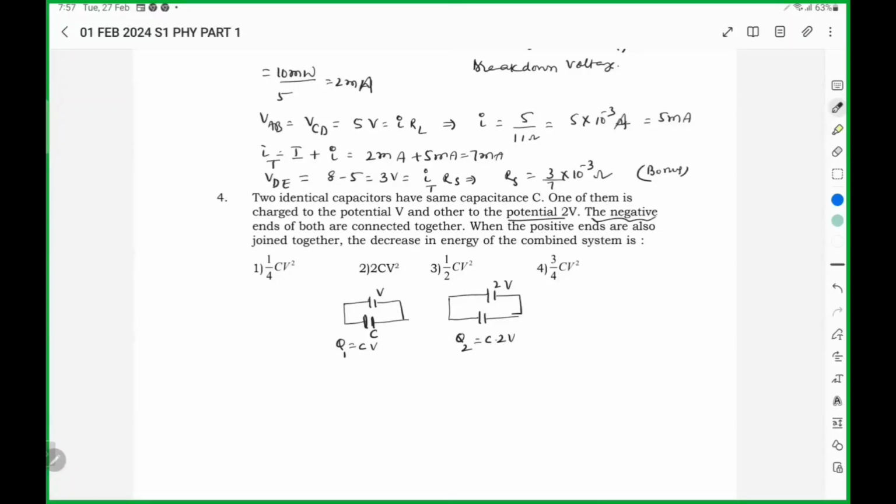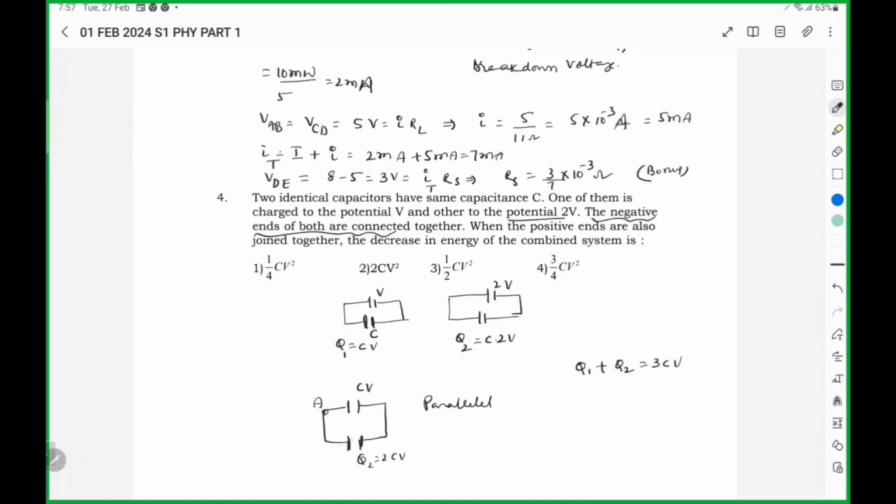The negative ends of both are connected together, and the positive ends are connected at the same time. Such an arrangement is connecting capacitors in parallel. Here the charge is CV, here the charge is 2CV. Charge is conserved, so Q1 plus Q2 will be 3CV.